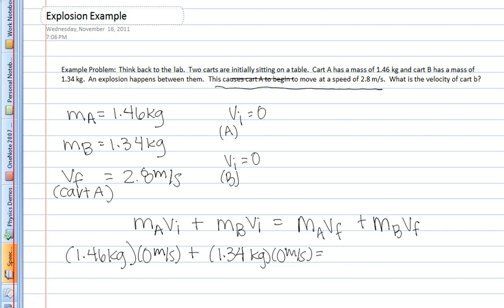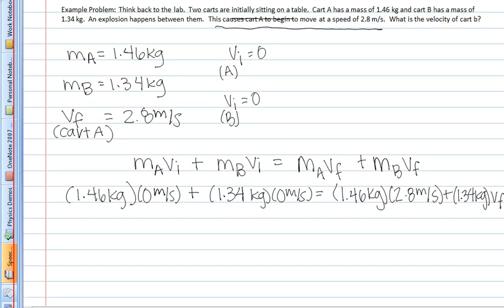That has to equal the final momentum of cart A, which has a mass of 1.46 kilograms, a final velocity of 2.8 meters per second, plus the momentum of B, which has the mass of 1.34 kilograms, and an unknown final velocity.